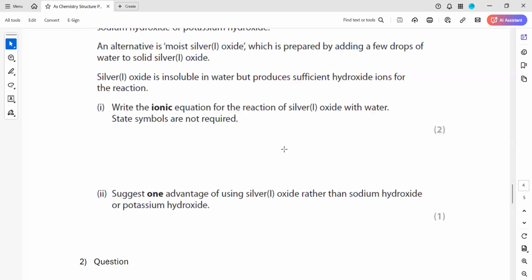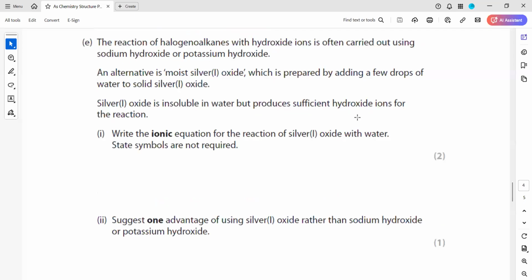The next is: suggest one advantage of using silver(I) oxide rather than sodium hydroxide or potassium hydroxide. Look, when we were using a halogenoalkane and reacting it with sodium hydroxide or potassium hydroxide, the OH was taking the position of the halogen, so it will produce an alcohol plus a sodium salt.